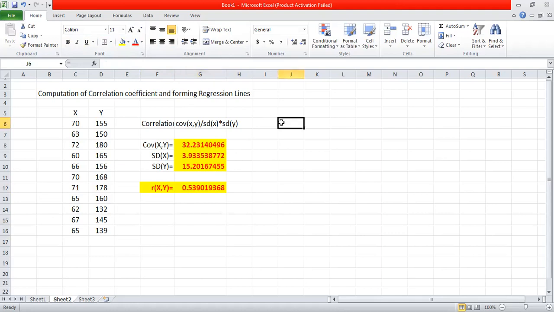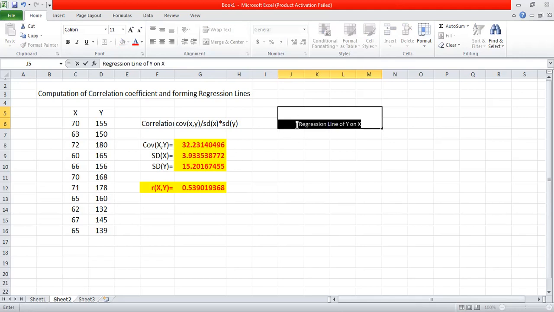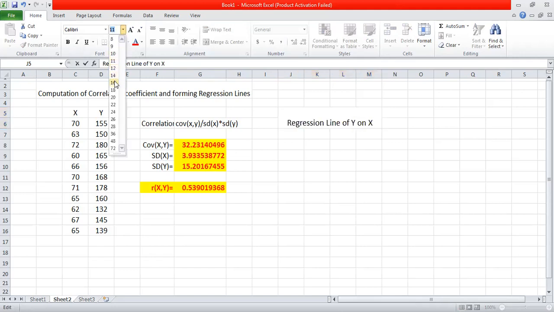Next we find the regression. So first, we have two types of regression lines. What are those two types? The first one is the regression line of y on x. What does it mean?